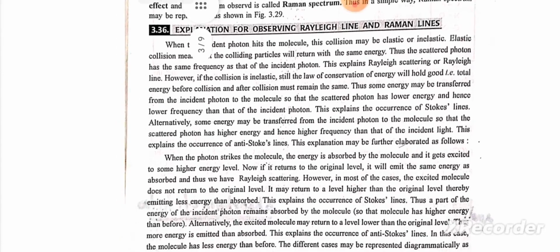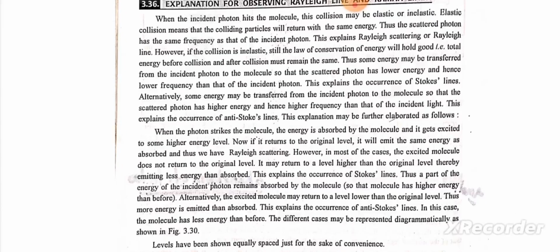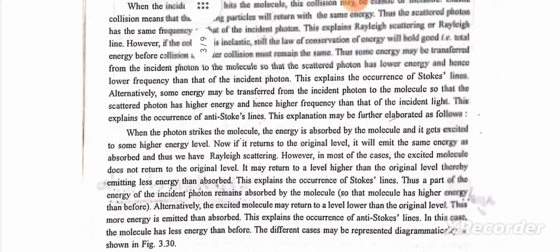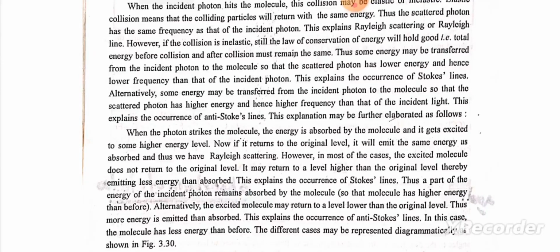This explanation may be further elaborated as follows. When the photon strikes the molecule, the energy is absorbed by the molecule and it gets excited to some higher energy level. Now, if it returns to the original level, it will emit the same energy as absorbed, and thus we have Rayleigh scattering.